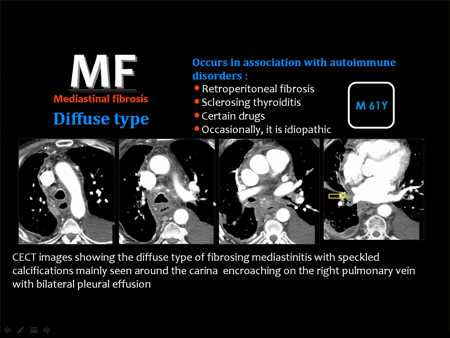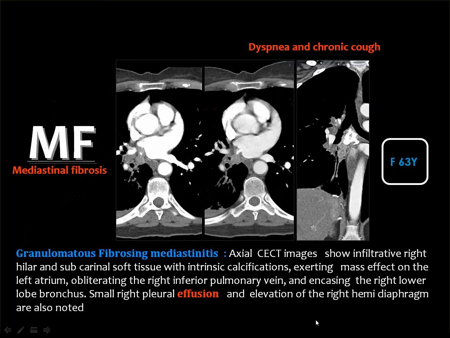Then the diffuse type affects all the mediastinal compartments, and in case of the vessels, it usually affects predominantly the pulmonary veins, and sometimes it has a predilection for the right side, but this is not a rule. And this fibrosis occurs with other autoimmune disorders like retroperitoneal fibrosis, sclerosing thyroiditis, and certain drugs, and sometimes it may be idiopathic.